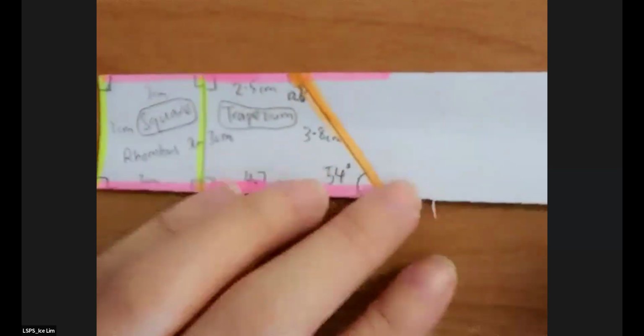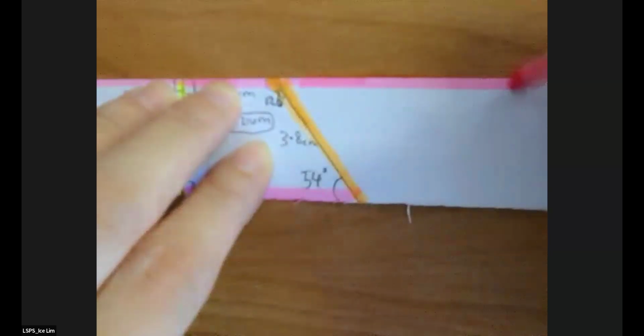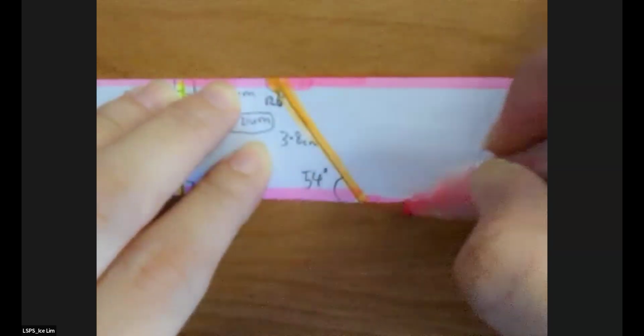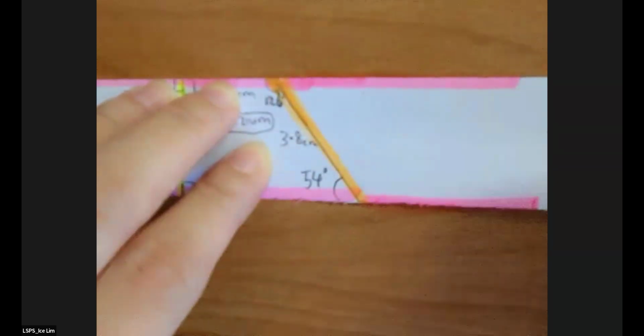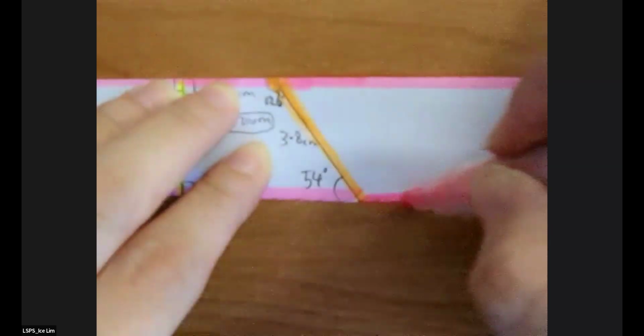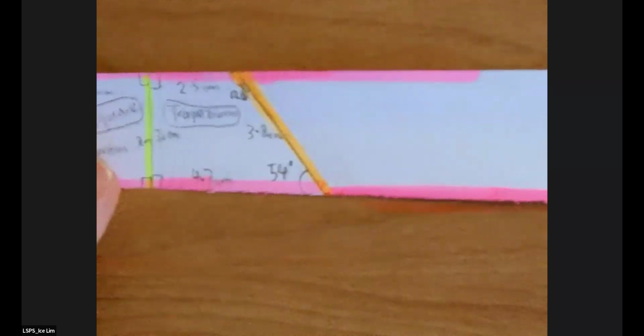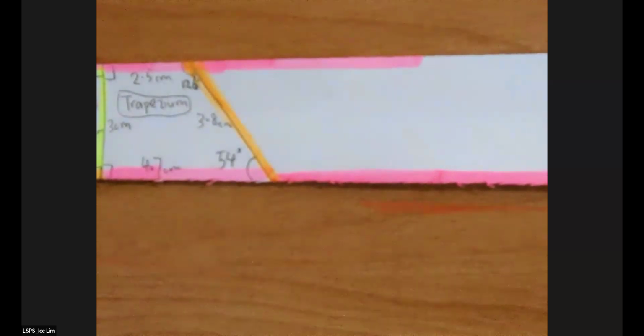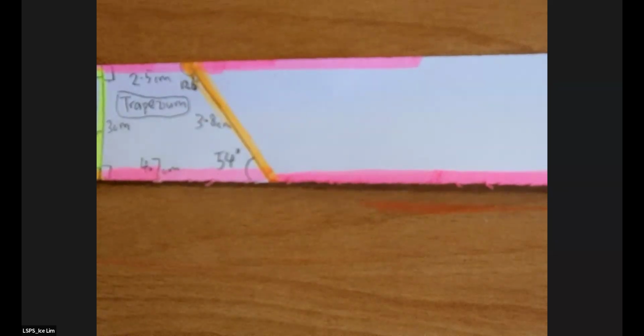Now the next shape we're going to draw is a parallelogram. So the first property here is still this horizontal pair of parallel lines. Now, a parallelogram has to have two pairs of parallel lines.